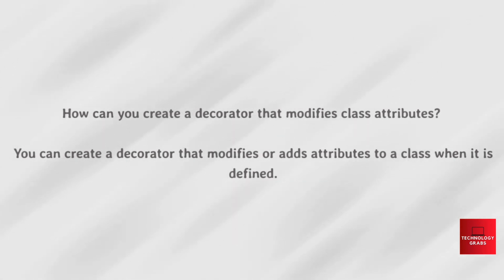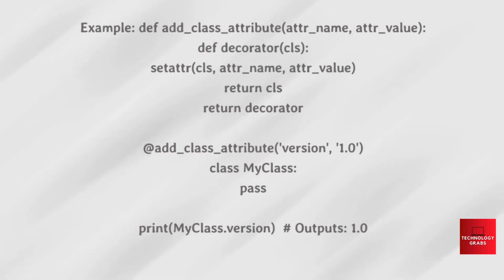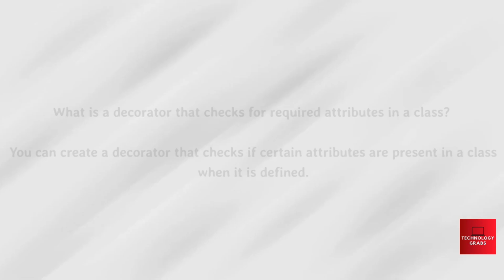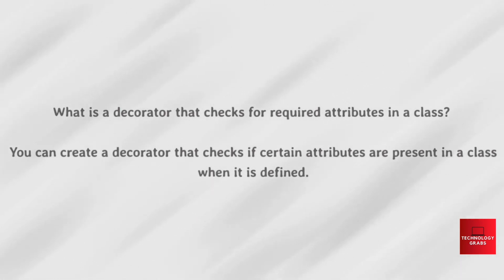How can you create a decorator that modifies class attributes? You can create a decorator that modifies or adds attributes to a class when it is defined. What is a decorator that checks for required attributes in a class? You can create a decorator that checks if certain attributes are present in a class when it is defined.